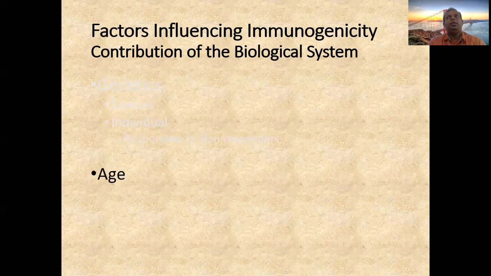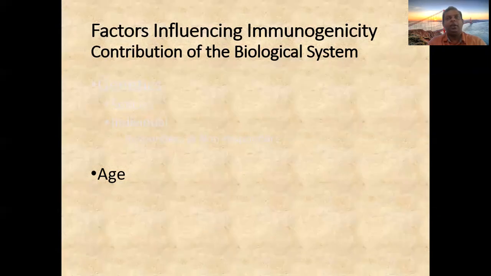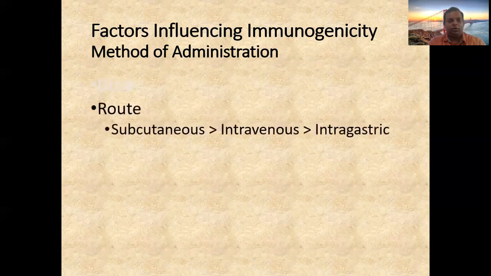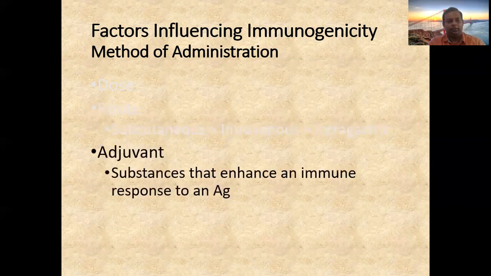Some antigens may evoke high immunogenicity in humans, some may not. Age is also another factor, in naive ones and elderly ones, it depends. And also dose, and route of administration. Subcutaneous is the most, then intravenous, then intragastric.